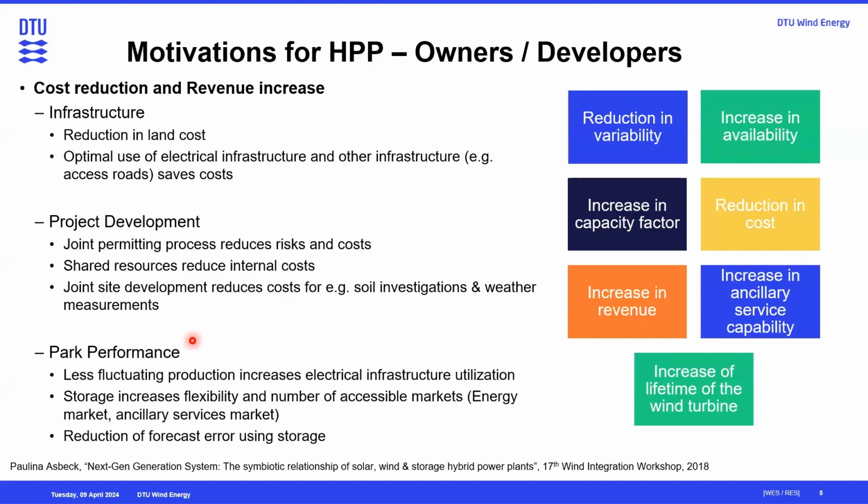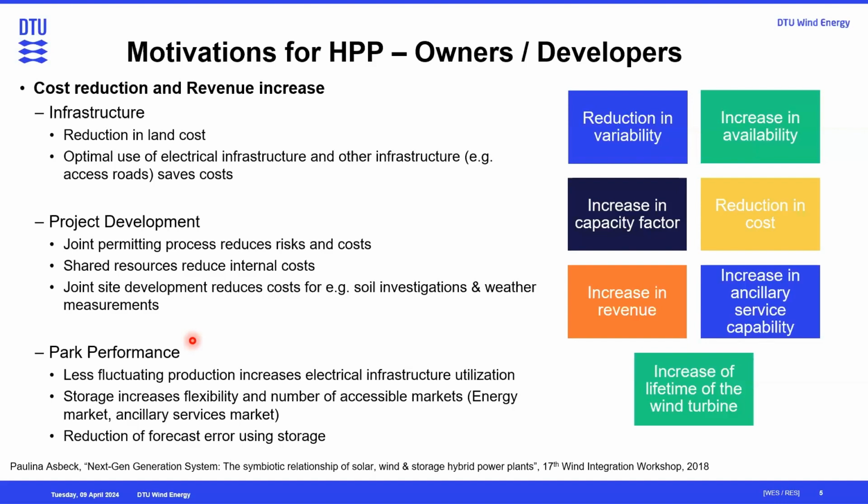So you can reduce the cost of permitting, you can reduce the risk of developing the plant, and you can also use joint site development and shared resources for electrical system development and all those things. So those can also reduce internal cost.